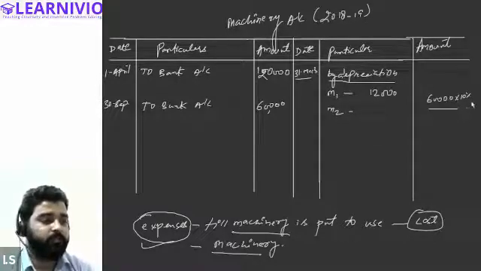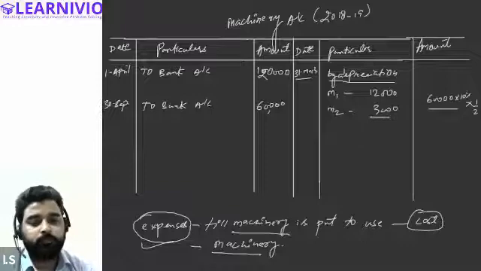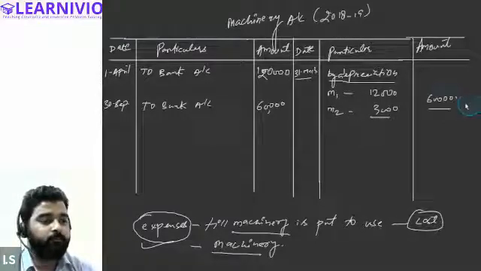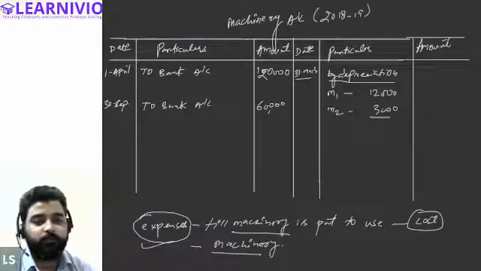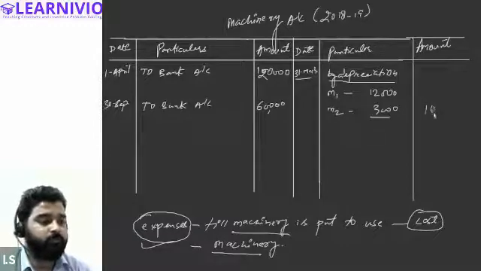For 60,000 at 10%, divided by 2, or 6 by 12, for 6 months, it will be 3,000. So the total will be 15,000, which is the total value of the depreciation.